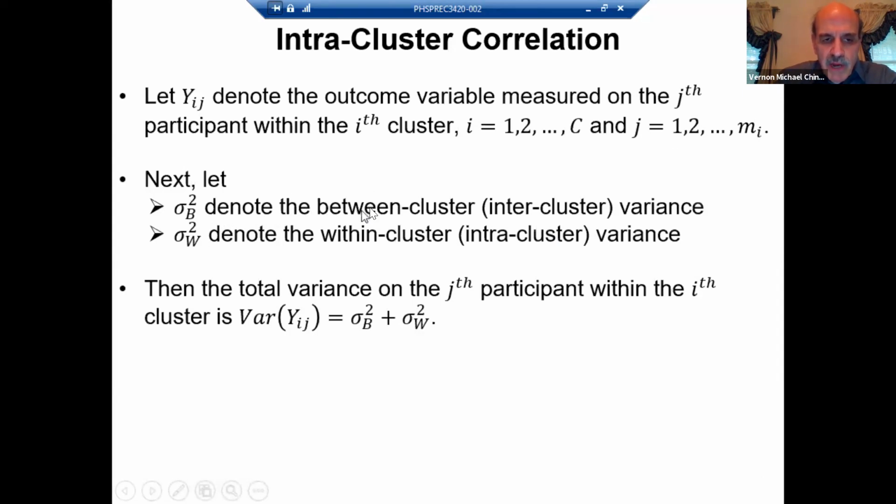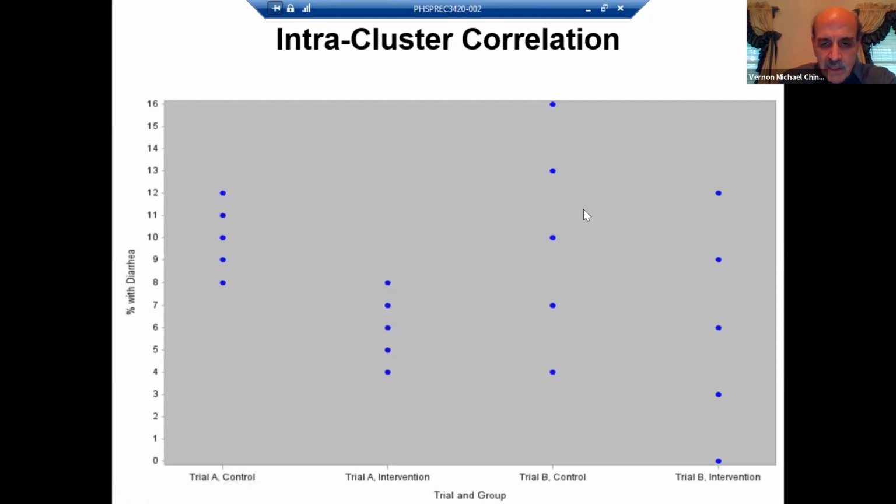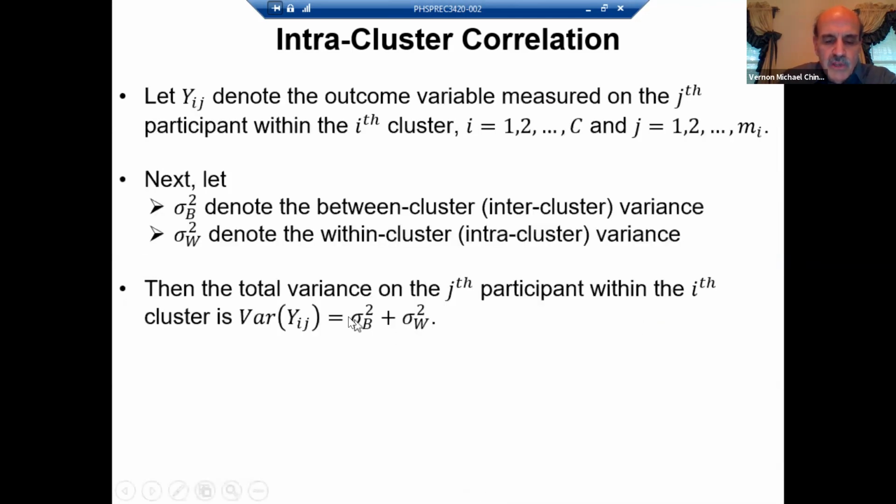The two important measures we're going to have are sigma b squared and sigma w squared. Sigma b squared is going to denote the between cluster or intercluster variance, and that's what's being described here in this figure. Here in trial B, we're looking at the between cluster variability, which I'll denote as sigma b squared.